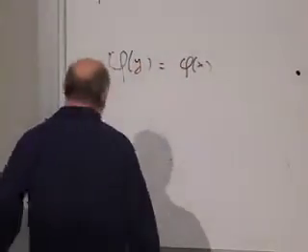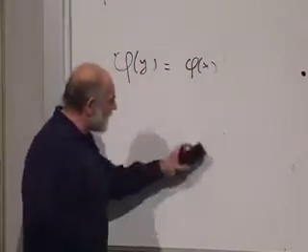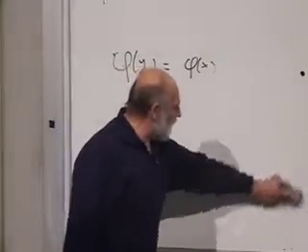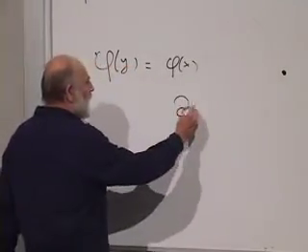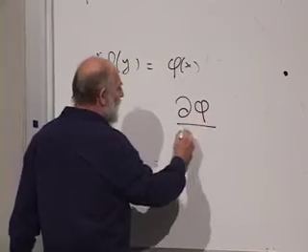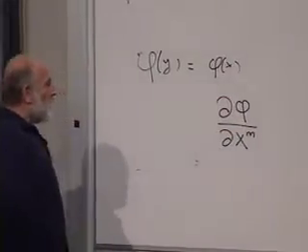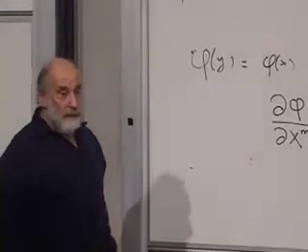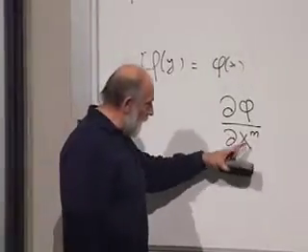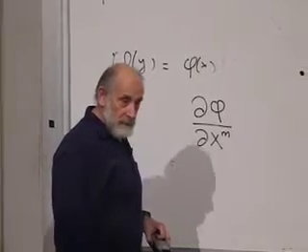Now let's come to the derivative of phi with respect to x. The derivative of phi with respect to x m, let's say. All right? That is, in fact, a vector. It's a vector with a covariant index here.